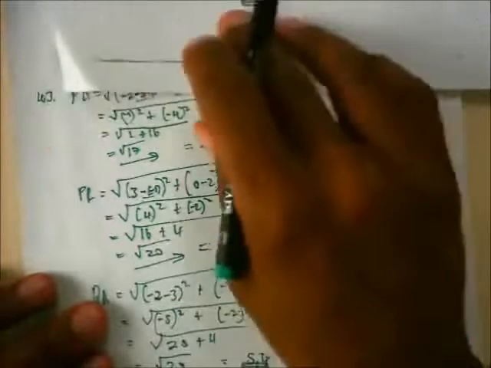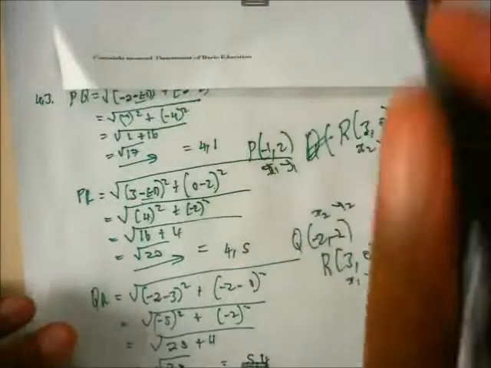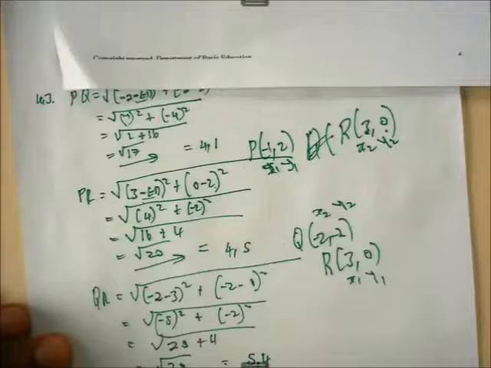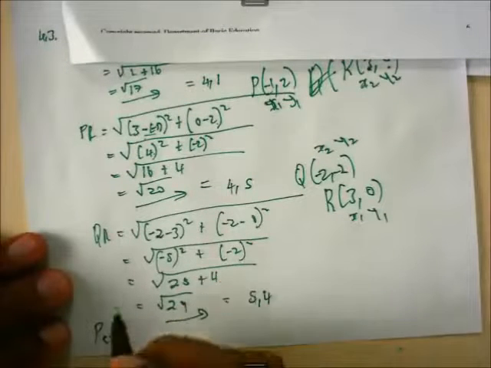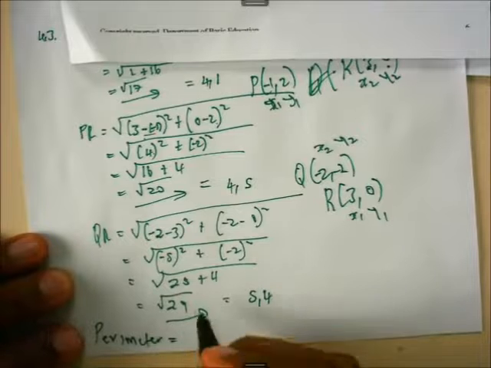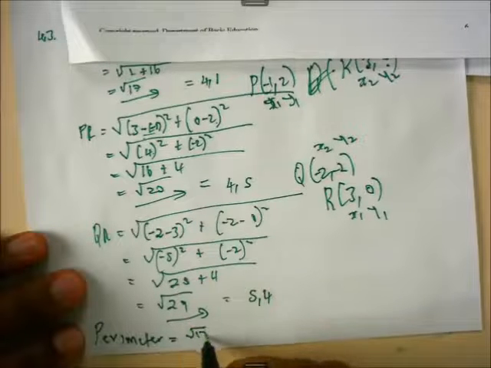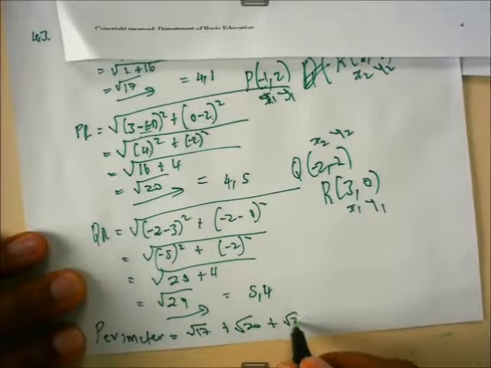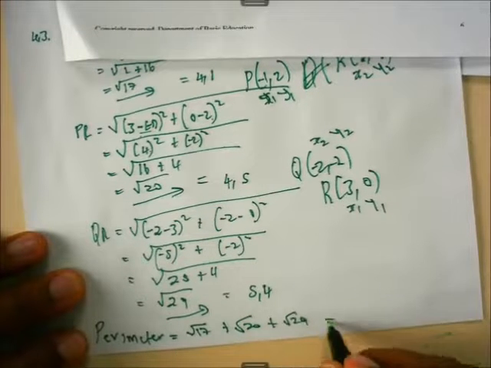Right, now we must answer the question. What does the question say? The perimeter, that is the distance around the shape. Therefore, the perimeter is equal to the square root of 17 plus the square root of 20 plus the square root of 29. Now we add the 3.